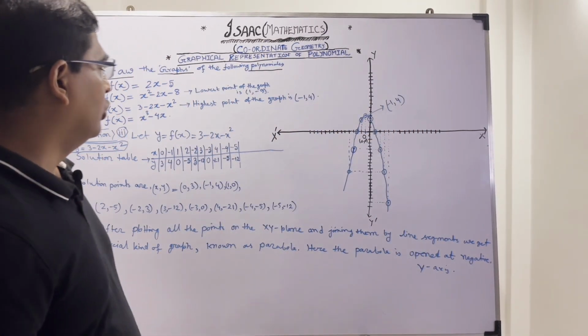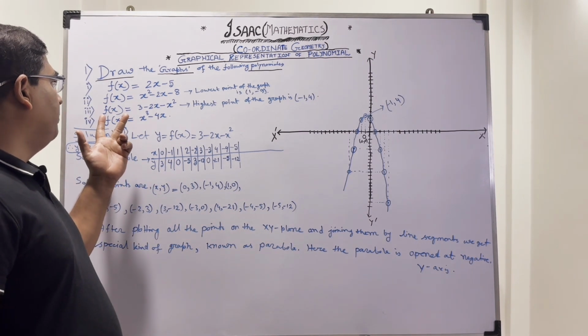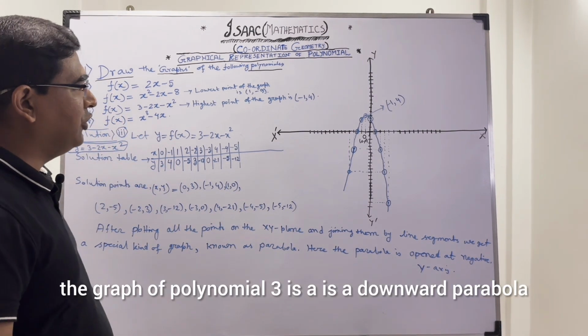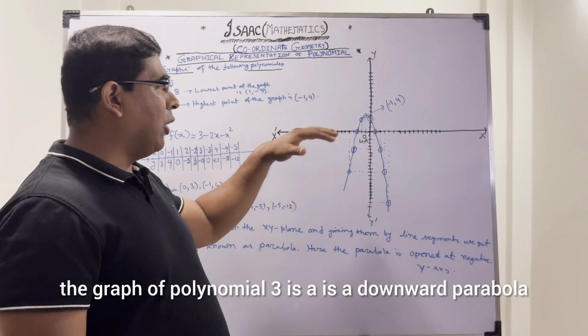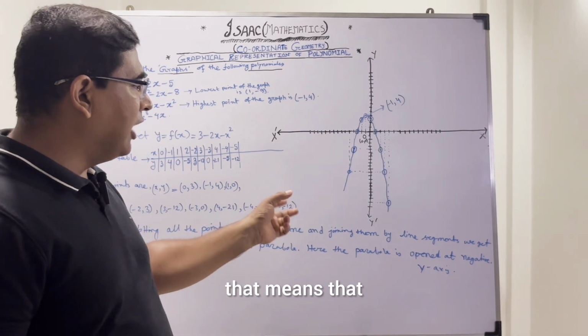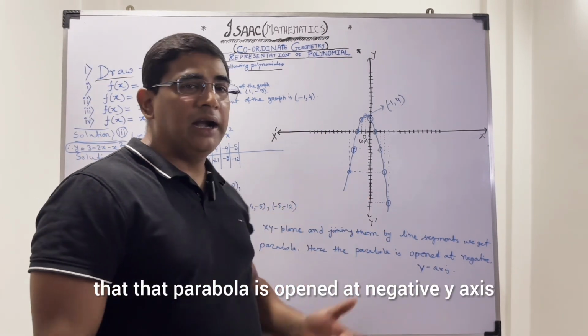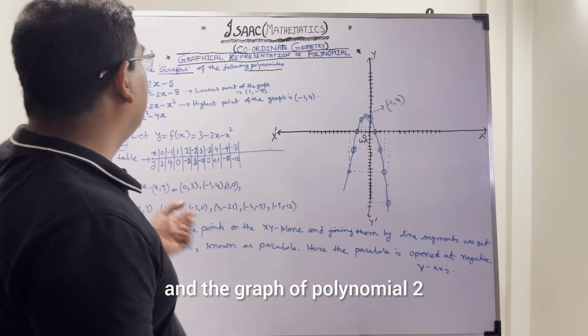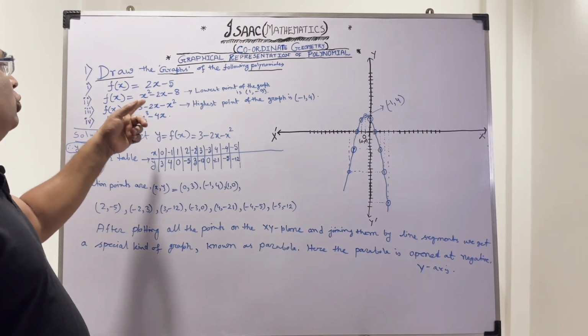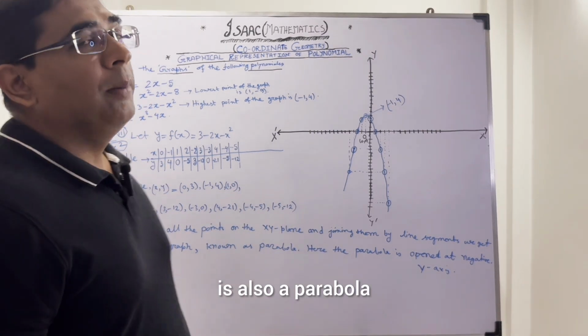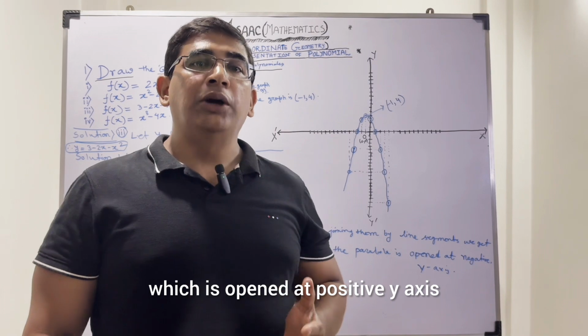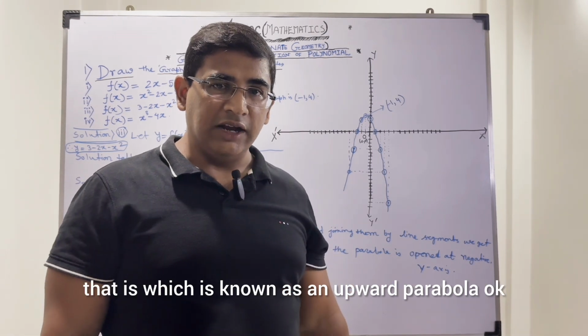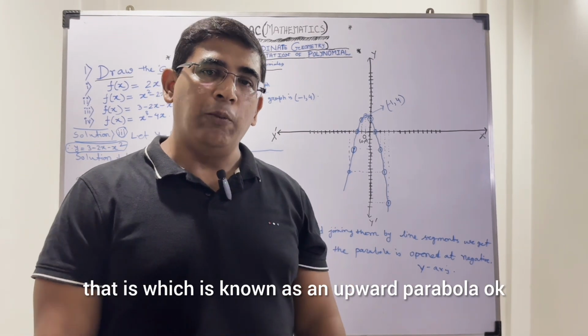Okay, so the graph of polynomial 3 is a downward parabola. That means that parabola is opened at negative y-axis, and the graph of polynomial 2 is also a parabola which is opened at positive y-axis, which is known as an upward parabola.